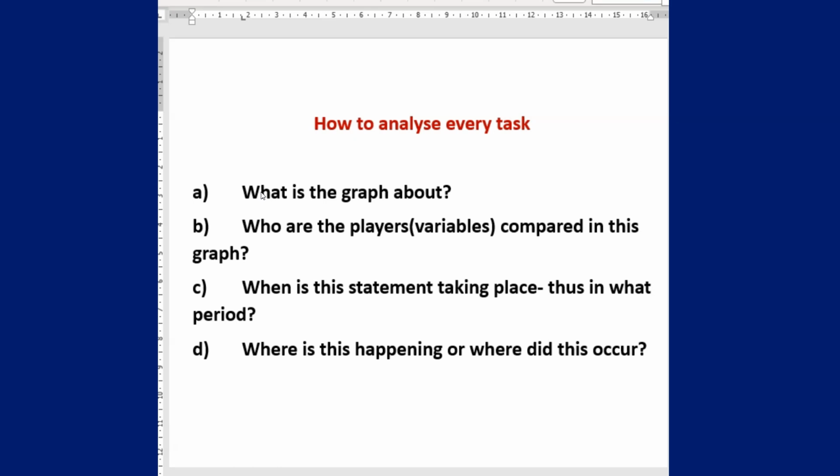Then you also have to know when the information took place. So you need to know the timing, and where it happened. So where did it happen, when did it happen, what is the graph talking about, and who are those involved.